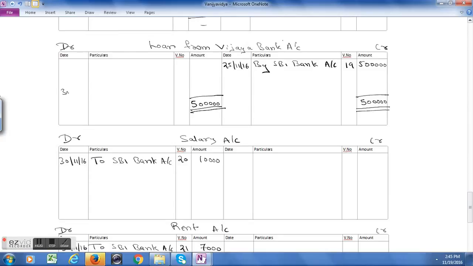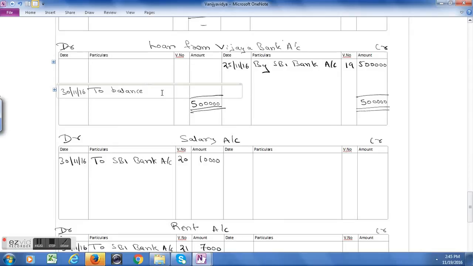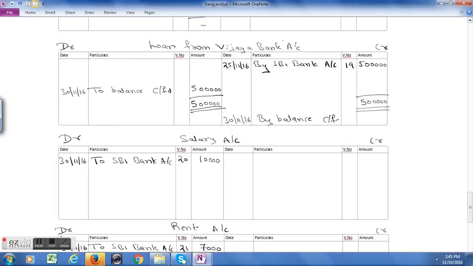So on 30th November, to balance carry forward 5 lakh. And on the credit side, by balance brought forward 5 lakh rupees.